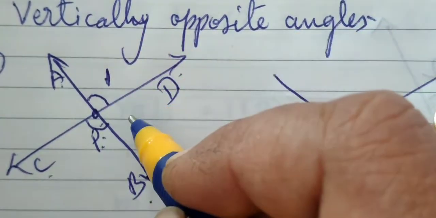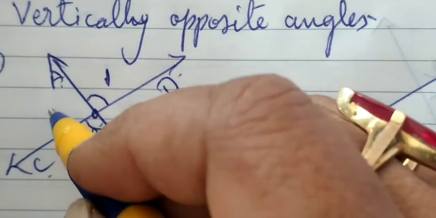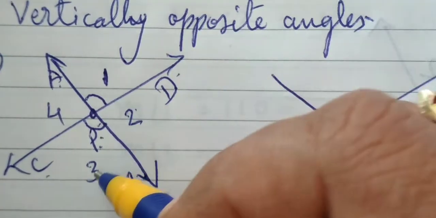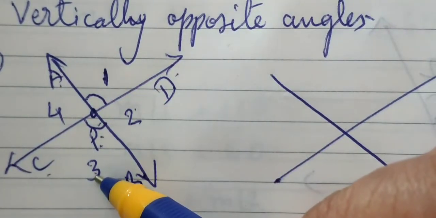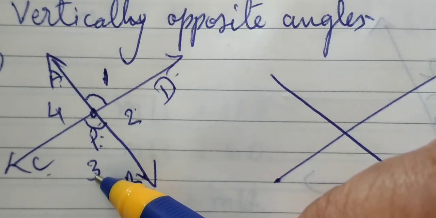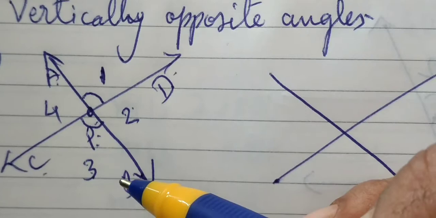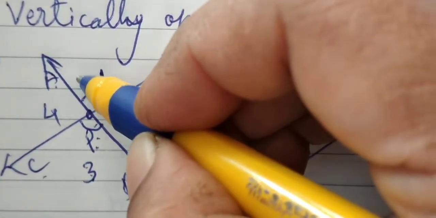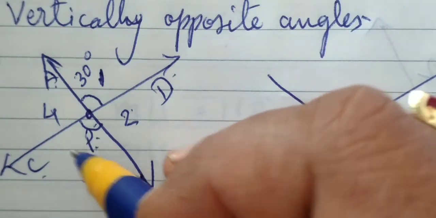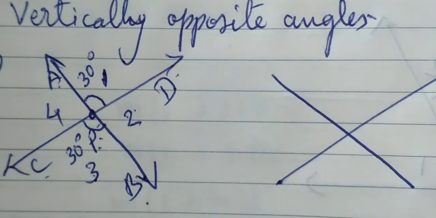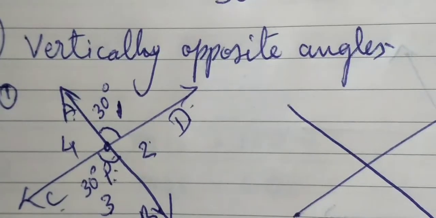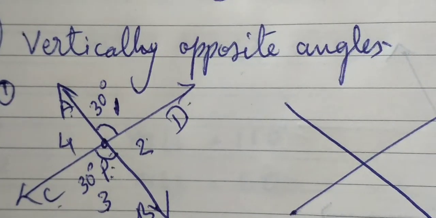If I number it like this, 1, 2, 3, 4, then angle 1 and angle 3 are a pair of vertically opposite angles. And what is the specialty about it? If angle 1 is 30 degree, then angle 3 is also going to be 30 degree. A pair of vertically opposite angles carry the same measurement.